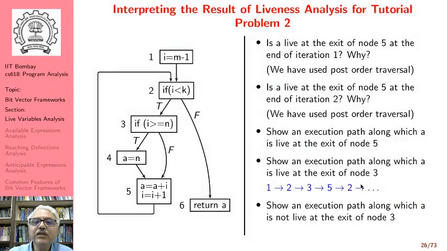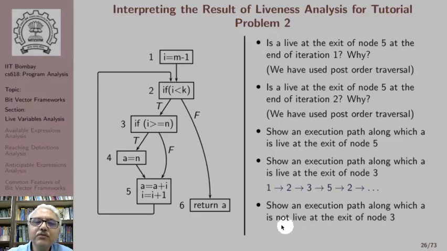The next question asks, show an execution path along which A is not live. The previous question asked A is live. This says A is not live at the exit of node 3. Recall that for liveness analysis, we say a variable is live at a program point if it is used along some path, which means that it may be live along some path, but it may not be live along some other path.